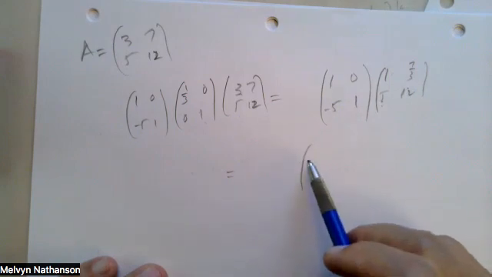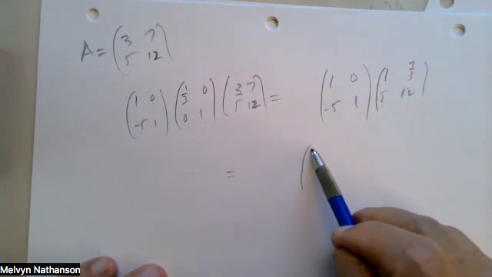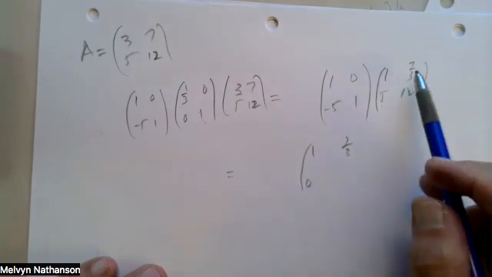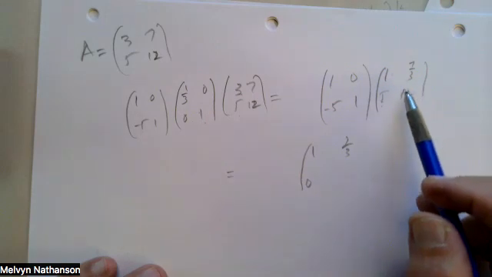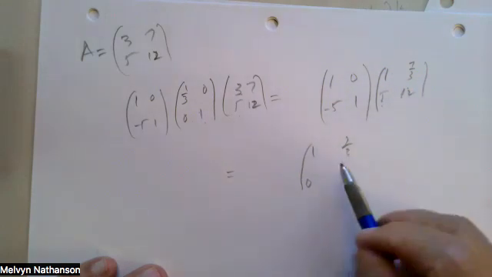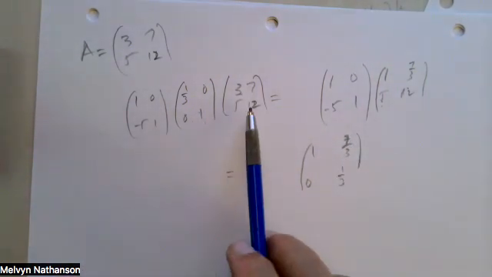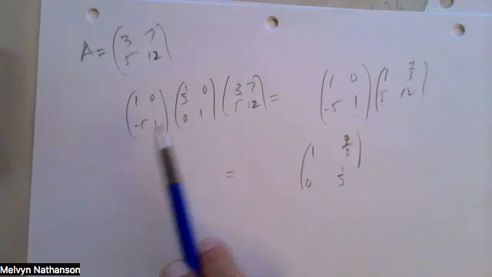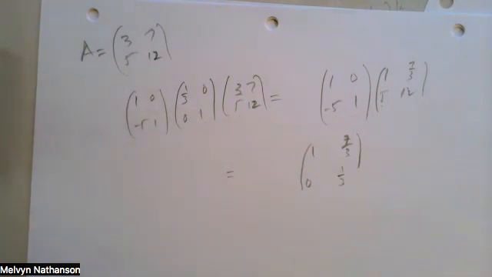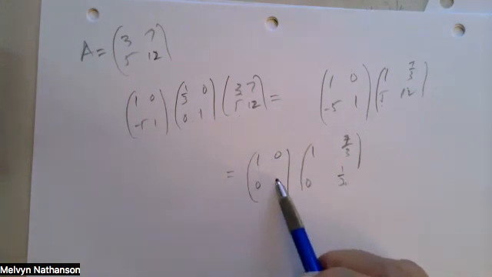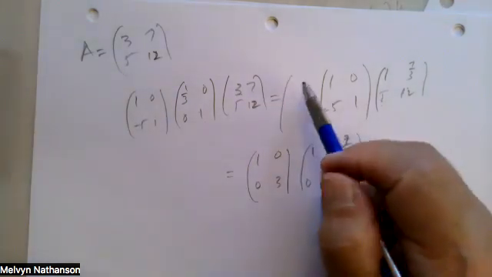I get 1, 7/3, 0, -35 over 3 plus 12 is 1/3. Right? So now this matrix times these two elementary matrices gives me this. Then I want to make this a 1. So I want to multiply this second row by 3. So if I take the elementary matrix and I multiply the second row by 3, I get that.